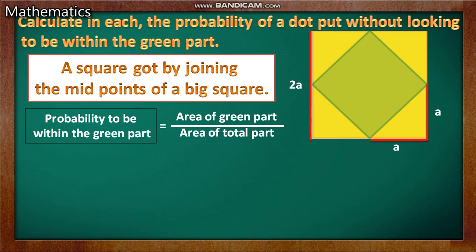Now we want to find the length of the small square. It's a right triangle, a 45-45-90 right triangle. Can you say the ratio of the sides of this right triangle? X, X, X root 2.